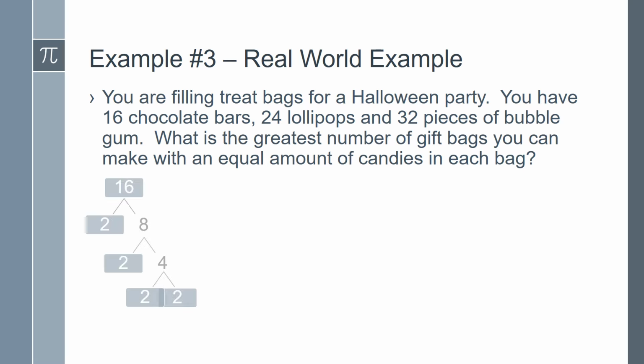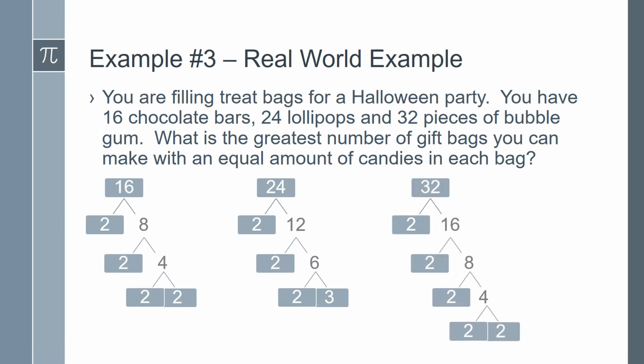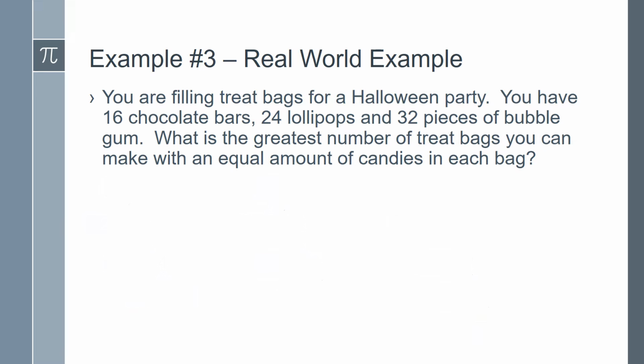So I start with 16, and I find that the prime factorization is 2 times 2 times 2 times 2. Next I move on to the number 24, and the prime factorization is 2 times 2 times 2 times 3. And finally the number 32, the prime factorization is 2 times 2 times 2 times 2 times 2. Now we can use these prime factorizations to help us find the greatest common factor.